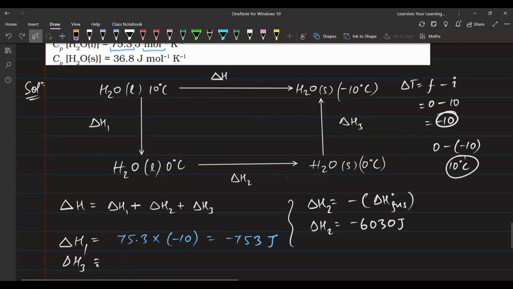Minus of minus 10 degrees Celsius. Are we doing it right? It is right, yes. So it will be 36.8 into positive 10.